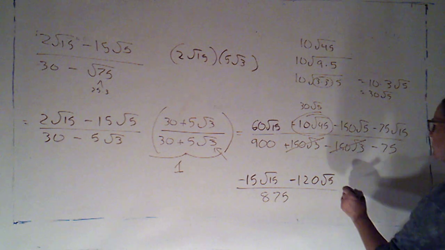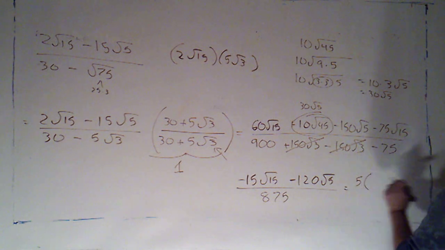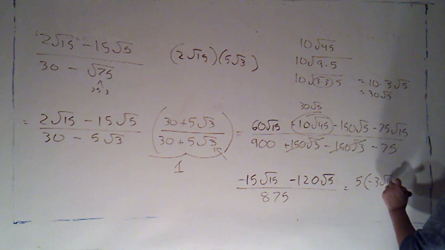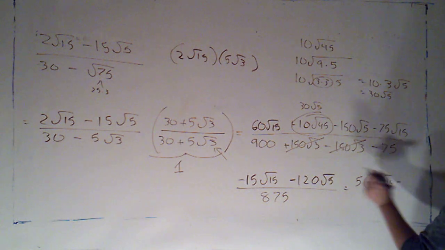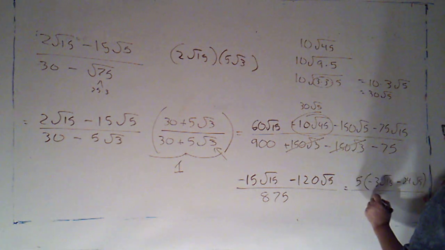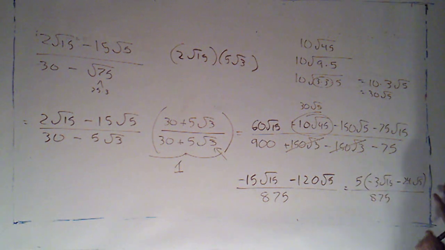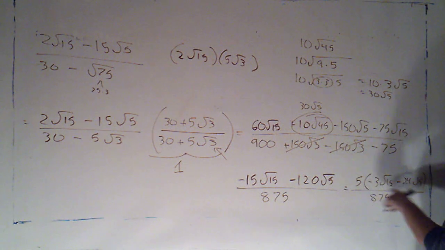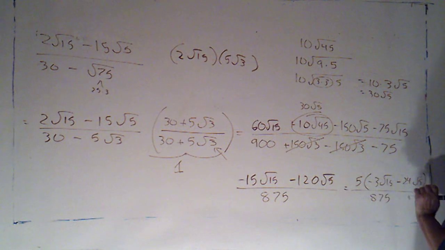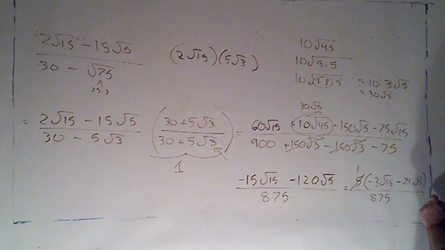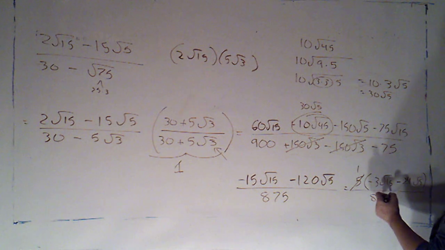So what I can do is on top, I can factor out a 5. I say that's 5 times negative 3 root 15 minus 24 root 5 all over 875. Now once that 5 is connected to the rest of the top by multiplication, I'm allowed to cancel. So I can say 5 goes into 5 once. How many times does it go into 875?